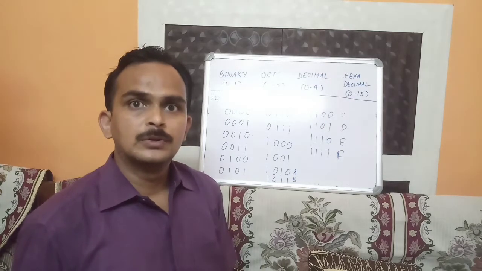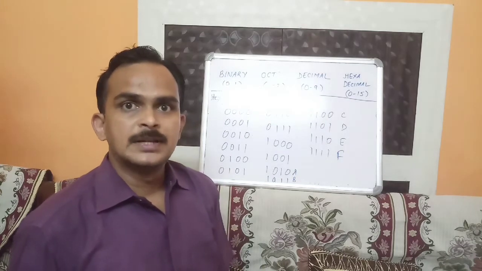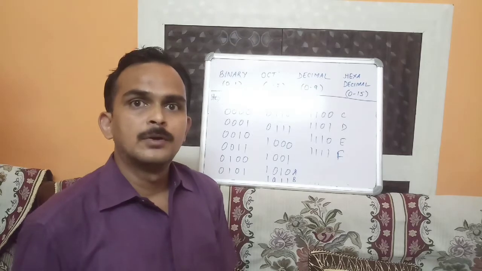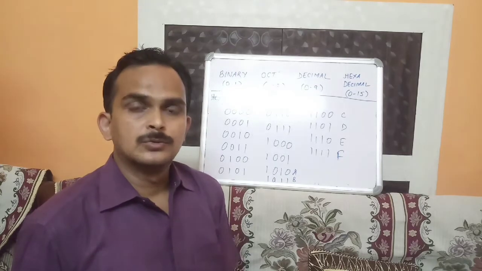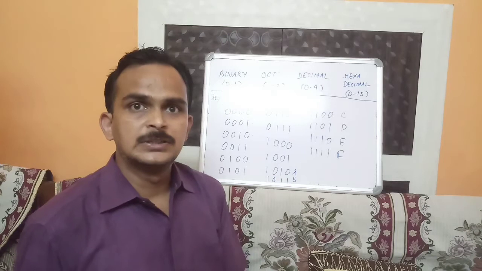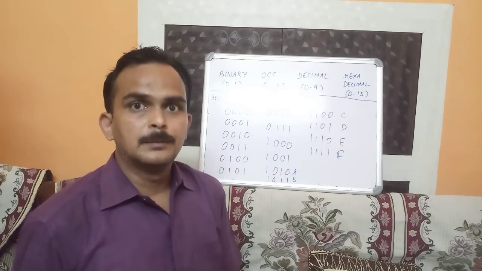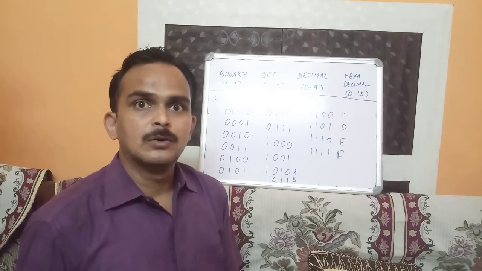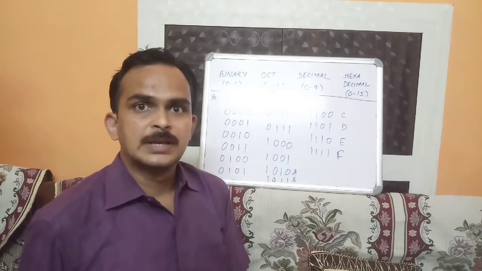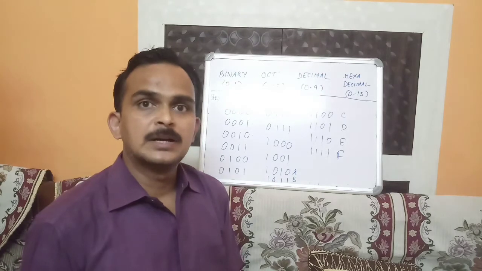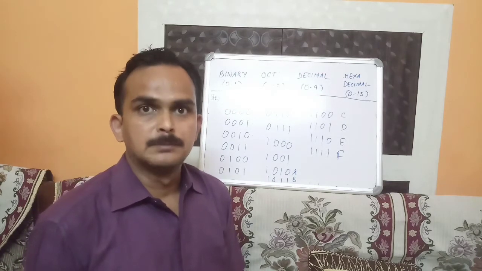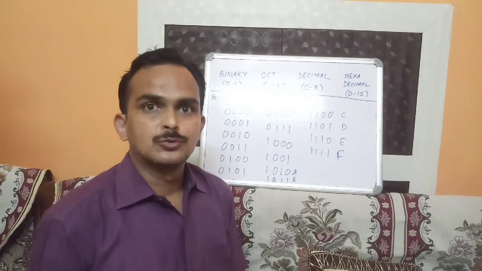Now if we talk about decimal, what is decimal? The octal table makes a possible combination of 0 to 7, 8 digits, but decimal contains 10 numbers, so 0 to 9 should be there.